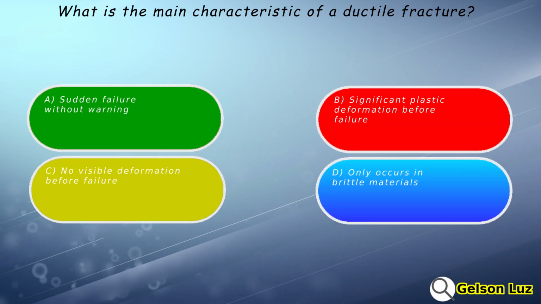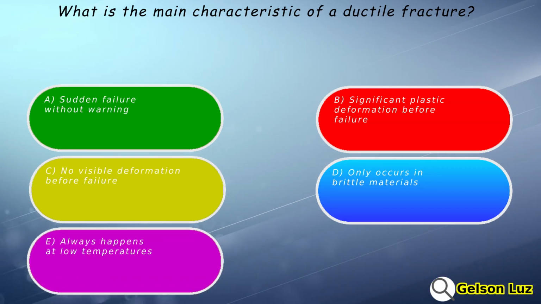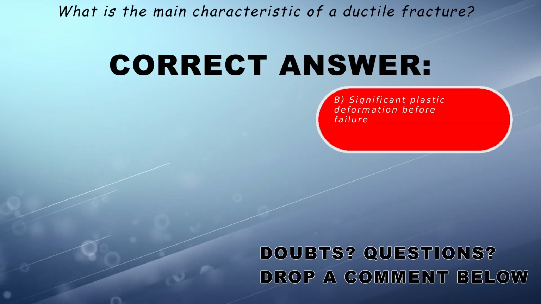D. Only occurs in brittle materials. E. Always happens at low temperatures. The correct answer is B. Significant plastic deformation before failure.